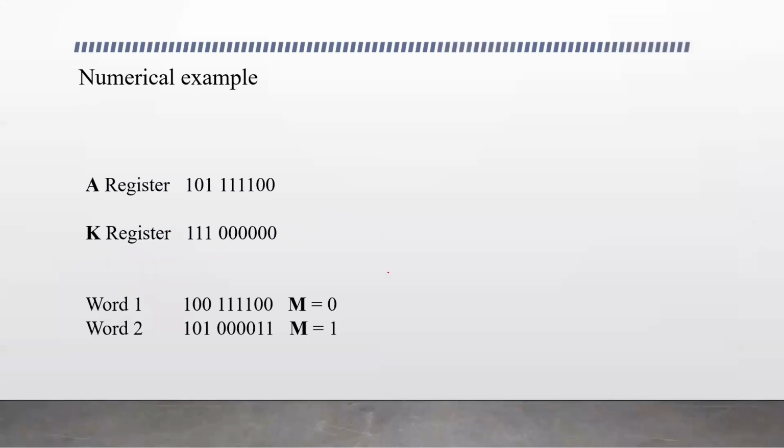So the word to be searched is in the argument register, the A register. The key register bits are the corresponding bits that are used as a key to search in the memory. Those bits in the key register are set to 1. Here we are selecting these 3 bits as a key, so these 3 bits are set to 1.